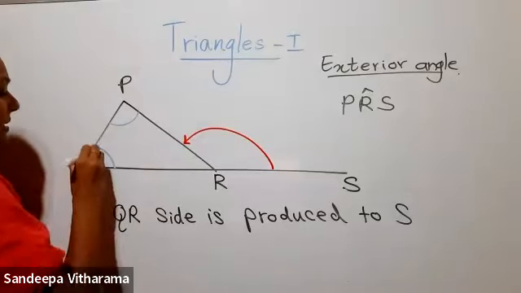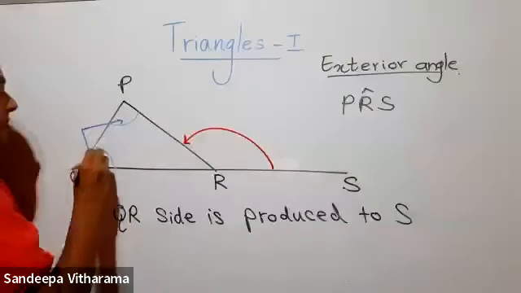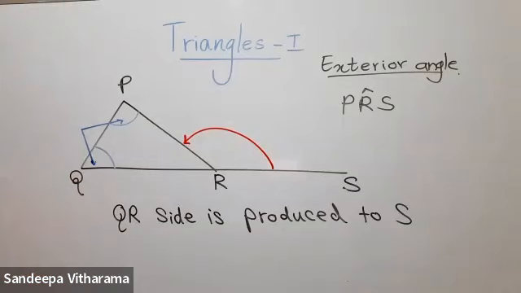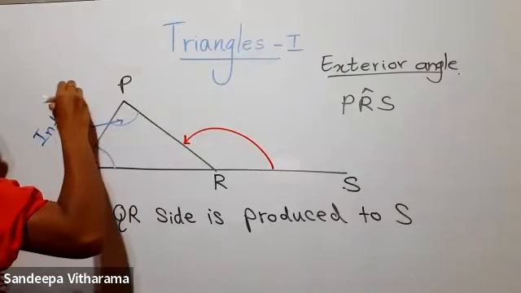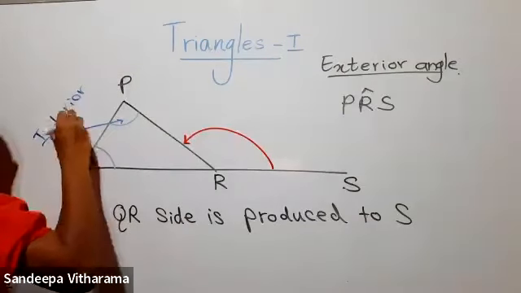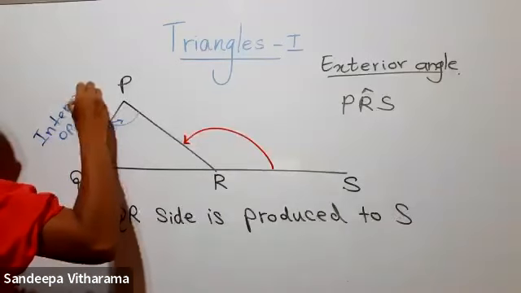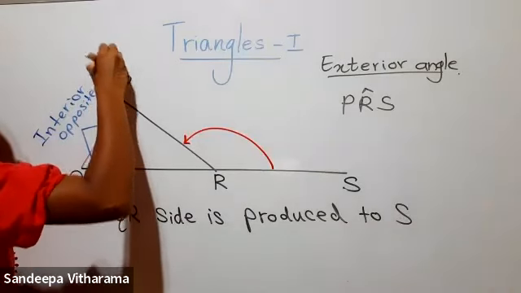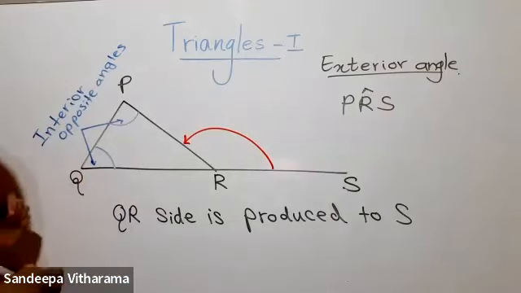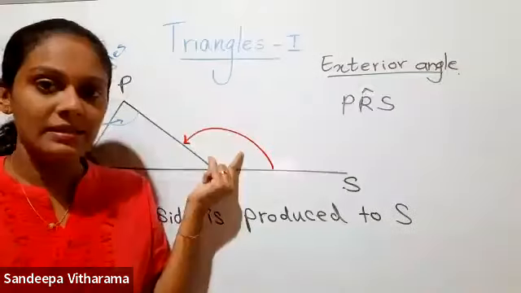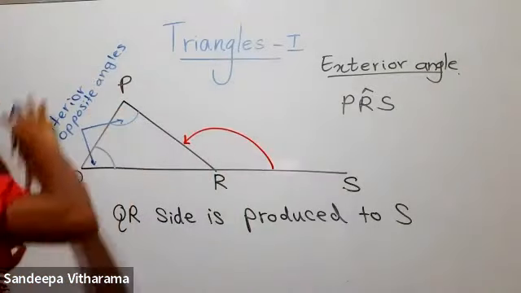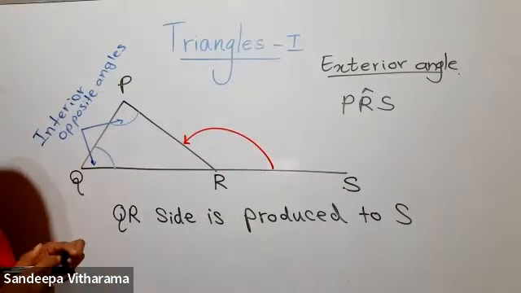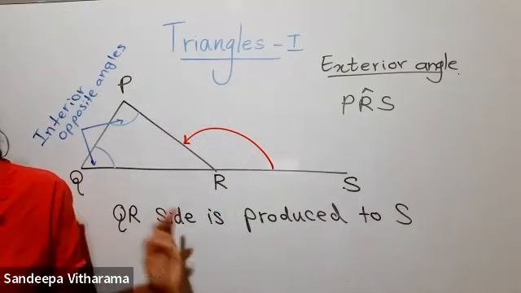But these are given a special name called interior opposite angles. Okay? These are known as interior opposite angles. Why do we call these interior opposite angles? When you consider the exterior angle, then these two angles become interior opposite angles. Okay? Right.